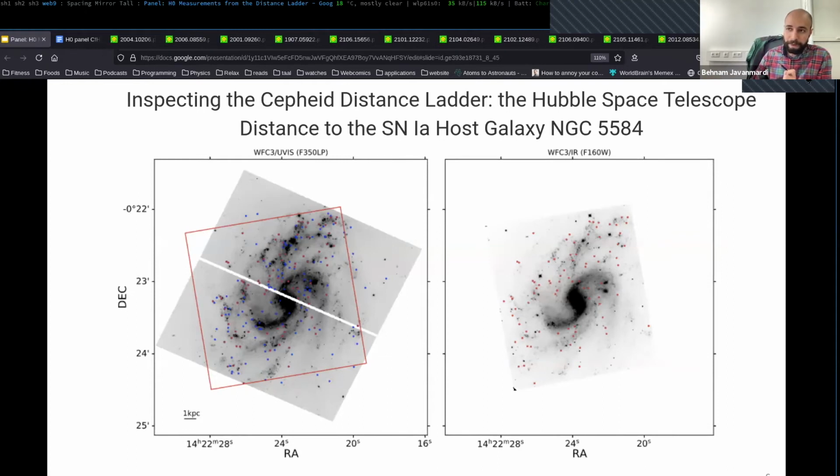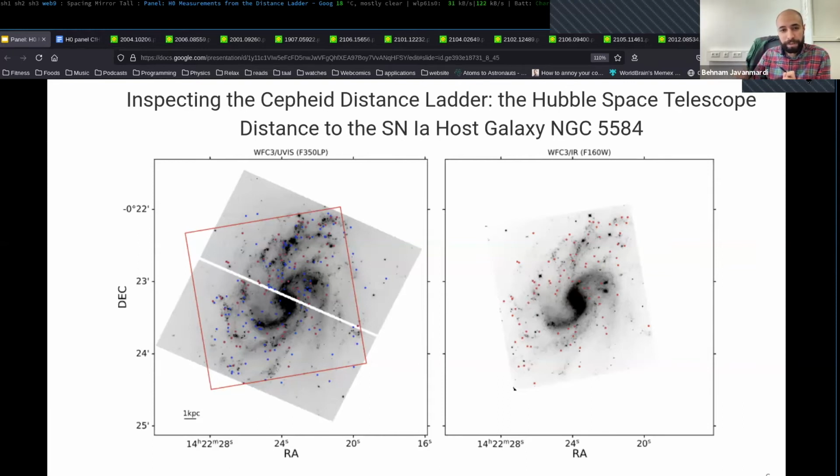But when we started the photometry, we tried to do it differently. So we used different tools. The principles, like the principles of point spread function photometry of stars, are the same, but we used different tools.